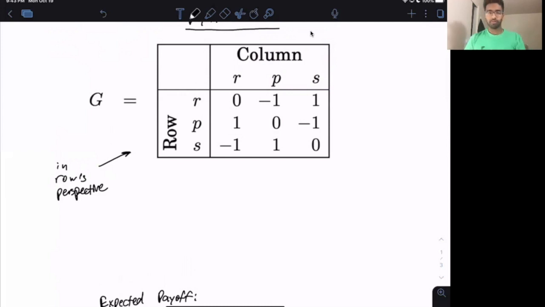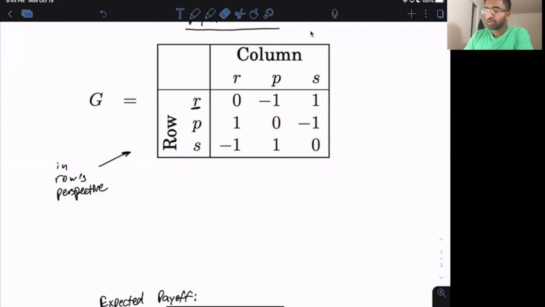The reason probabilities are involved here is that the whole point of this game is that each player is trying to win the maximal amount. If row always plays rock, let's say row has a really basic strategy, then column is going to see that and learn from that. Column will think, okay, how do I beat rock every time? I'm just going to play paper every time, right?